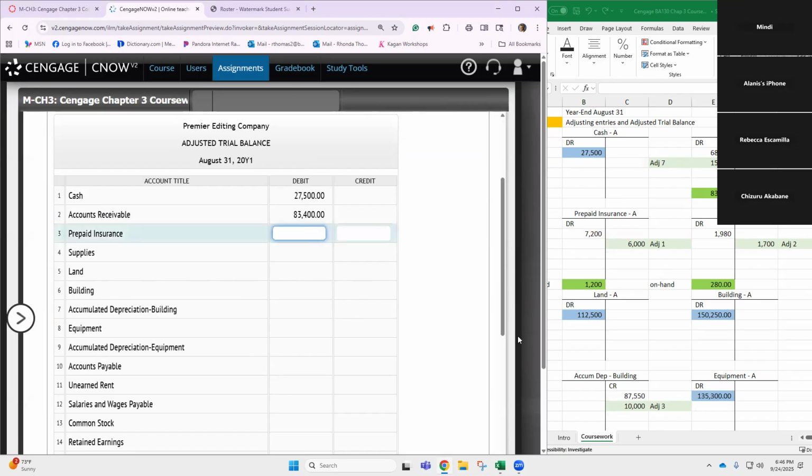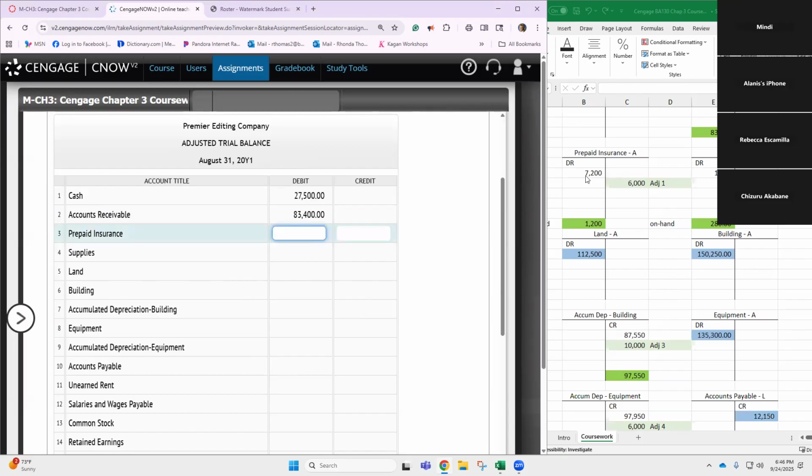Okay. Let's go evaluate prepaid insurance. Look at prepaid insurance. It has 7,200. You should have made an adjustment to it to make it go down 6,000. That's adjustment number one. So the new balance in prepaid insurance is what? $1,200.